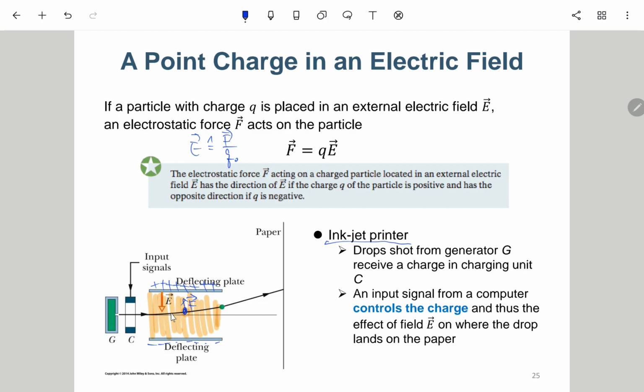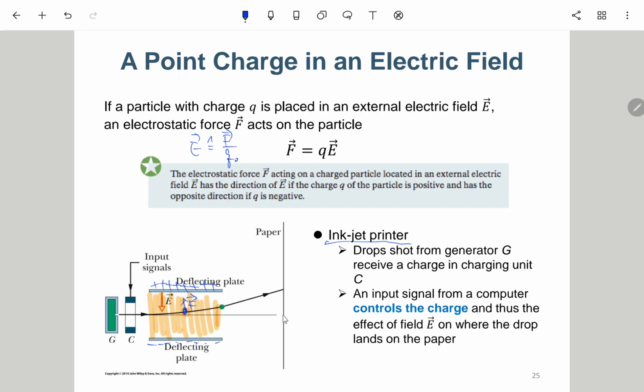All the way through is a uniform E field, so the F is always pointing upward. 就是那就有点像那个抛射运动嘛，只是说这个力就往上的，就类似这个意思。Okay, so if the charge is larger, then the locus of the ink will bend more. If we don't insert any charge on the ink, then the ink will go straight on the paper.